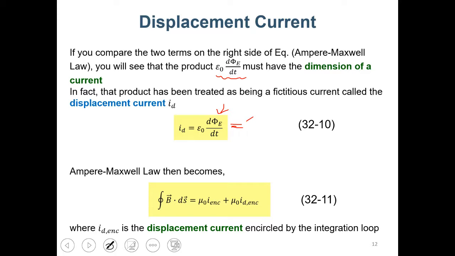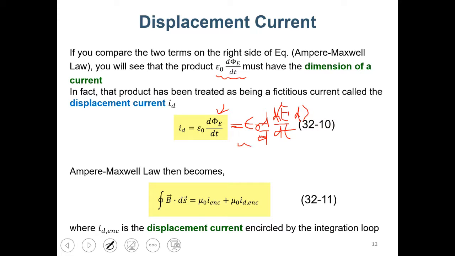So we can write it like this, because phi E is E times A, and A is constant, so we can move it to the front. Maybe you can feel something similar, and then we try to divide it by d and multiply it by d here. So it will be something interesting.